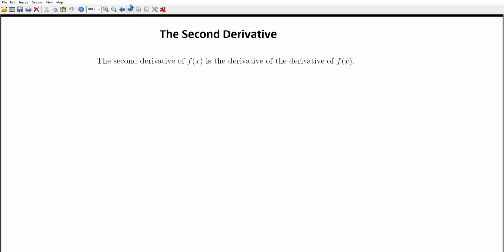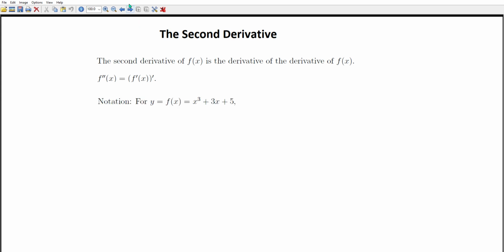Now what we want to talk about is the second derivative. The second derivative of a function f of x is the derivative of the first derivative. f double prime of x is the derivative of f prime of x, and that's in fact exactly how we're going to calculate it.